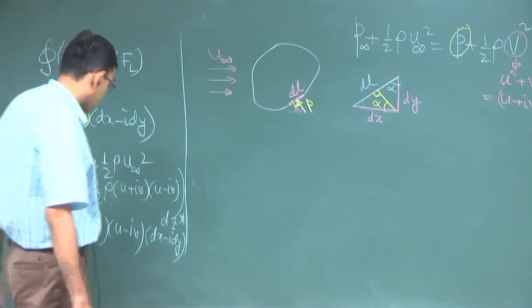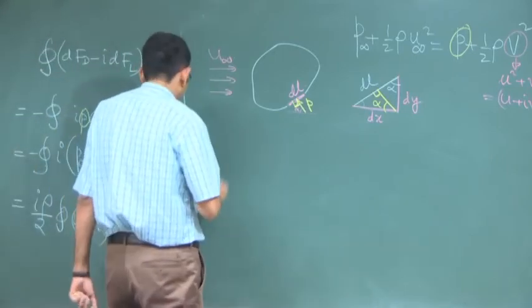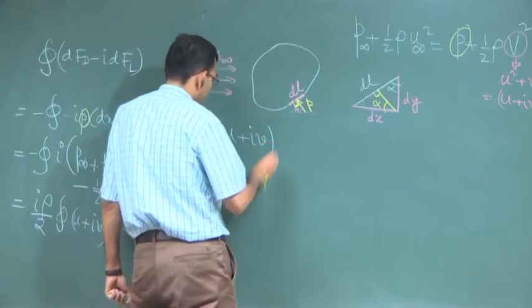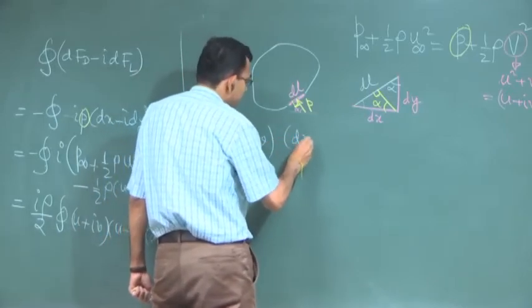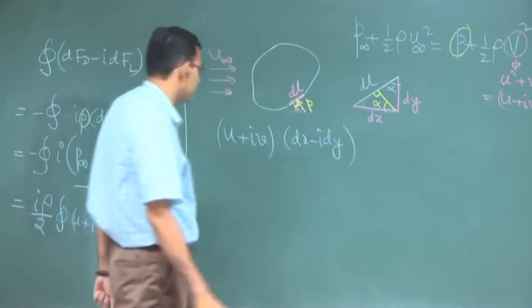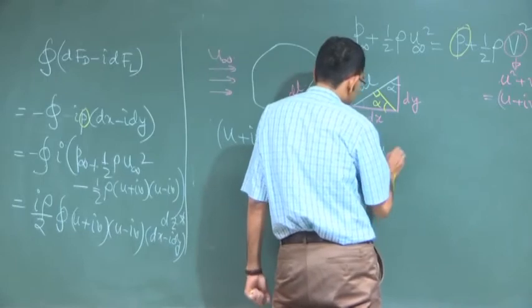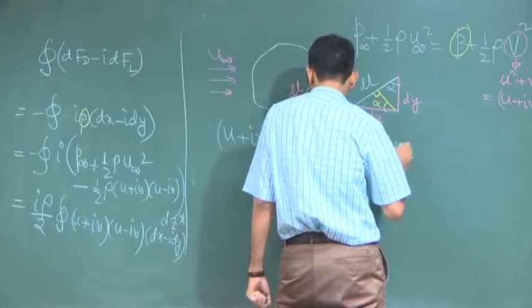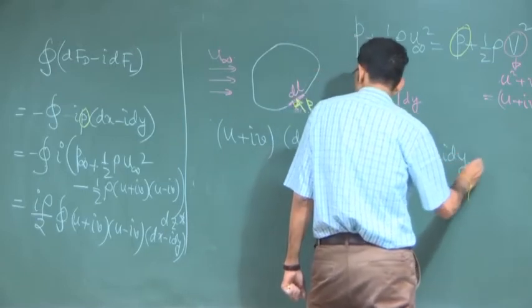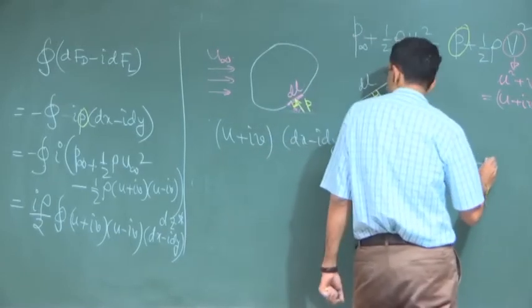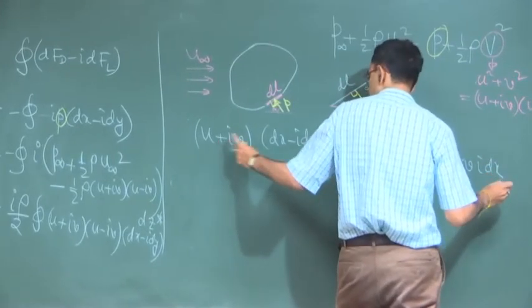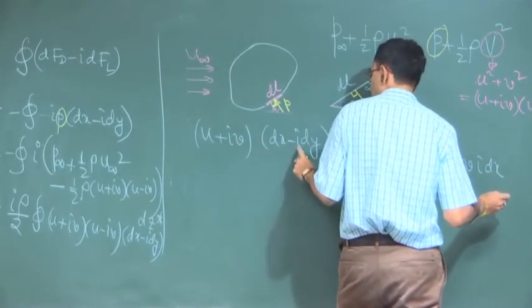Now, (u plus i v) into (dx minus i dy). If you make this calculation, this is u dx minus u i dy plus v i dx, then i square is minus 1.